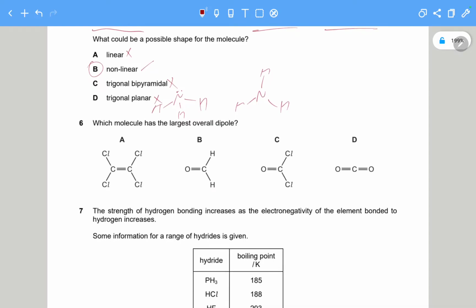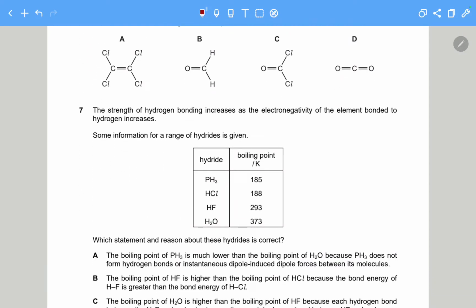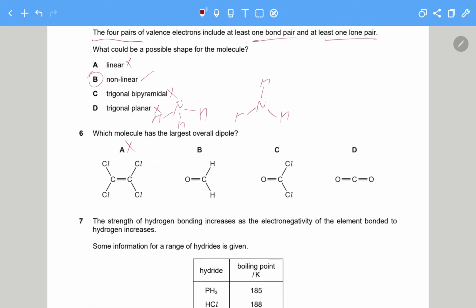Which molecule has the largest overall dipole? So A, no, this does not, because it's symmetrical. The molecule is symmetrical like this around these axes. If you look at B, it does have a significant dipole, but let's see what the other options have to say. B has a dipole because of delta negative, delta positive here.